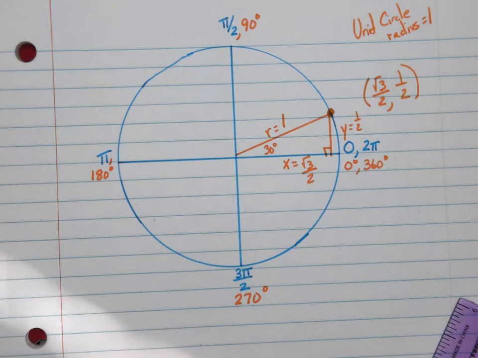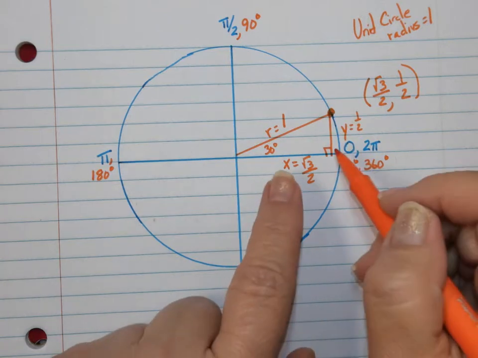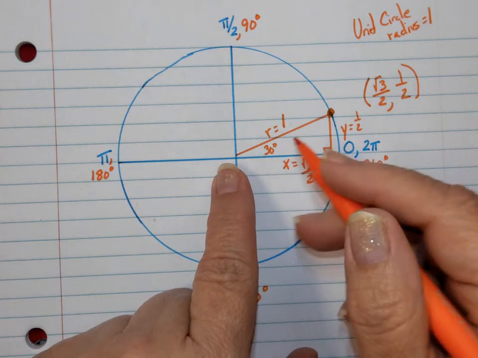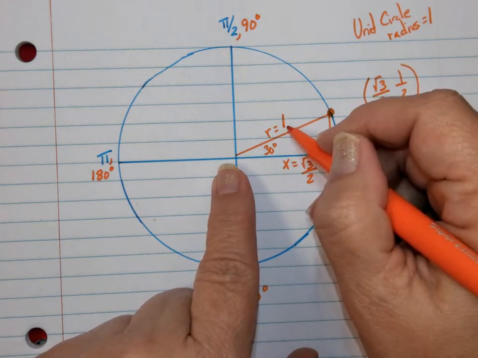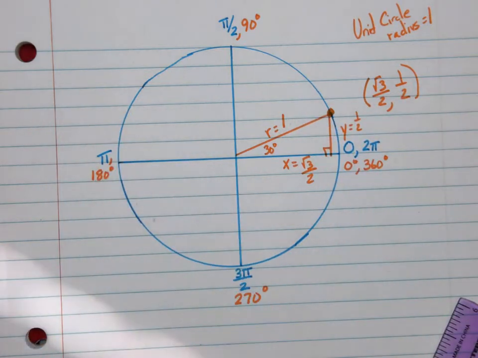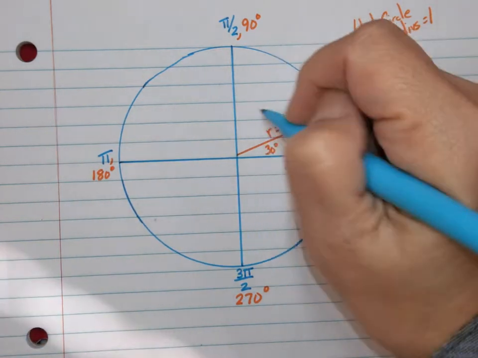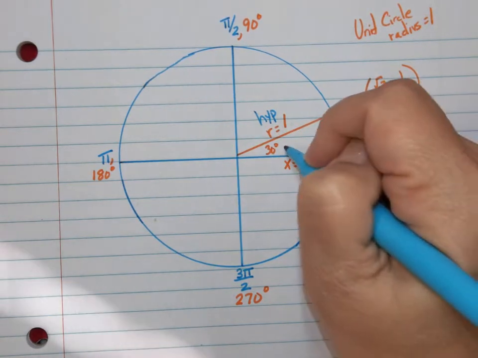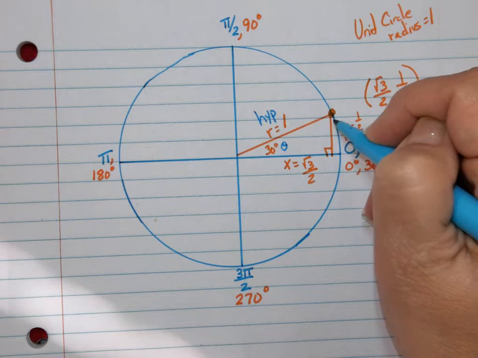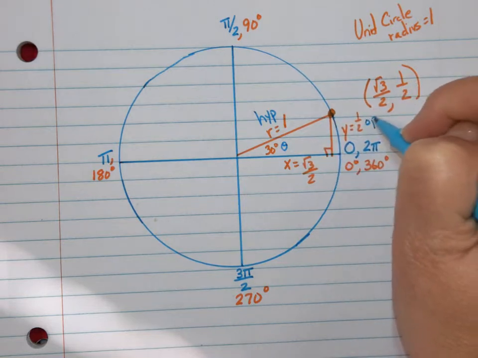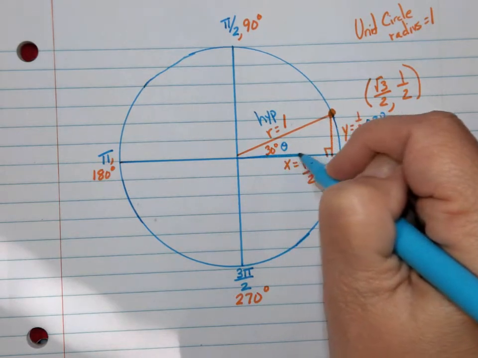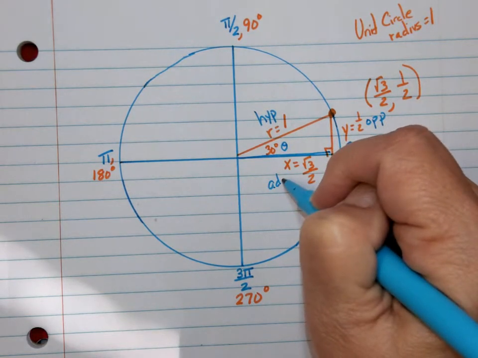But that's not just x and y. So, if this is a 90-degree right triangle, then that means that this radius is the hypotenuse. Right? And if this is my angle theta, this side right here is the opposite, OPP, and this side here is the adjacent, ADJ.